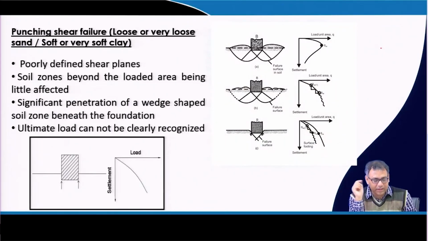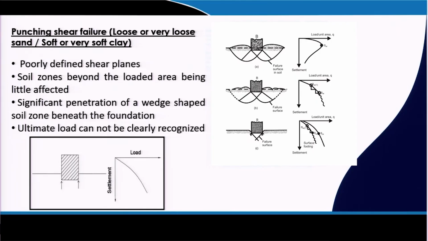And then the punching shear failure, so these are the different types of failure. As I mentioned, this is the general shear failure, this is the local shear failure, and this is the punching shear failure.